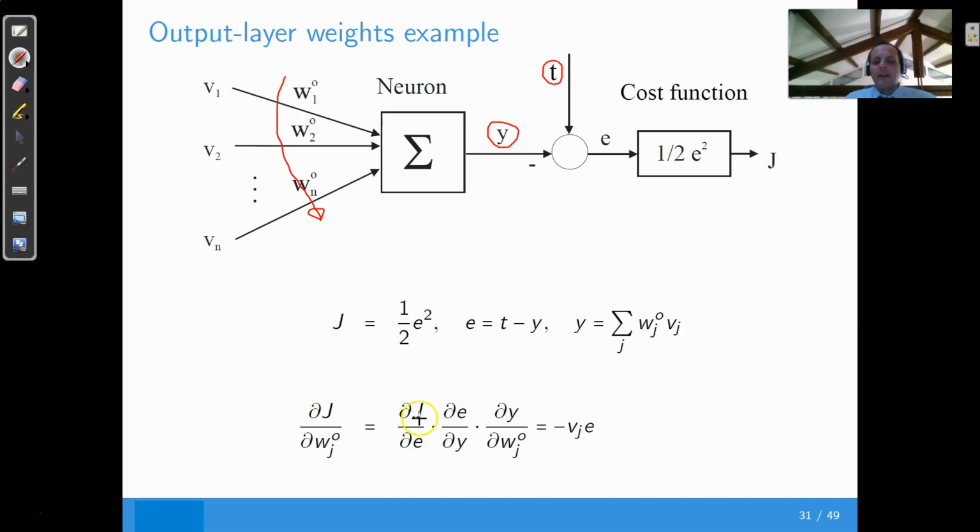So you need to compute j as a function of e, but e depends on y, so you need to derive the partial derivative of e with respect to y, and then y depends on w. Finally you can show the relation between the derivative of your gradient with respect to the output of the neurons and the error e.